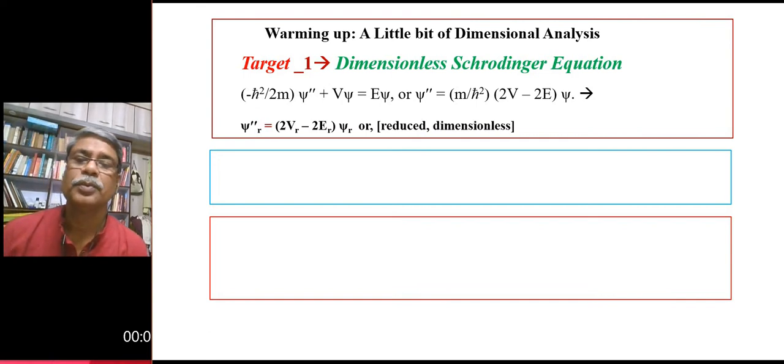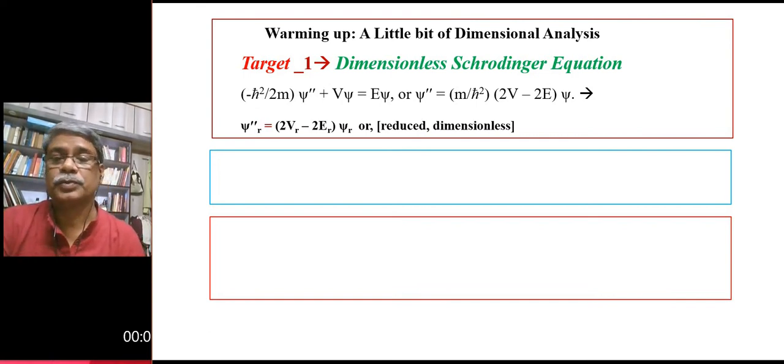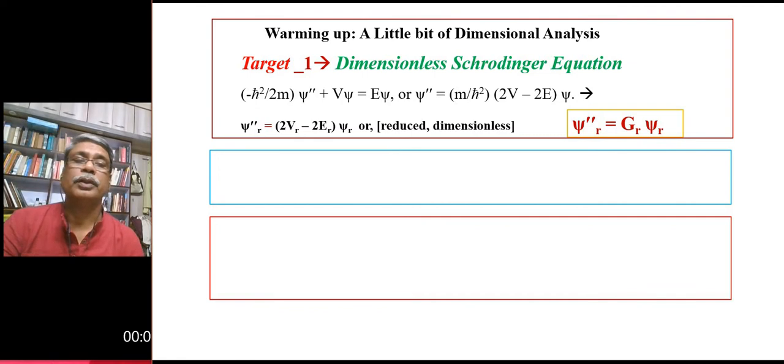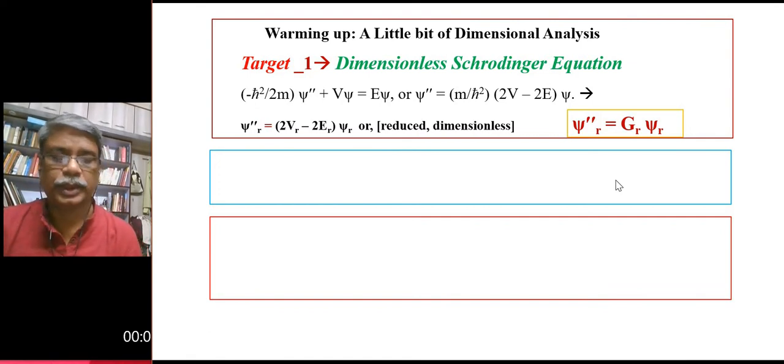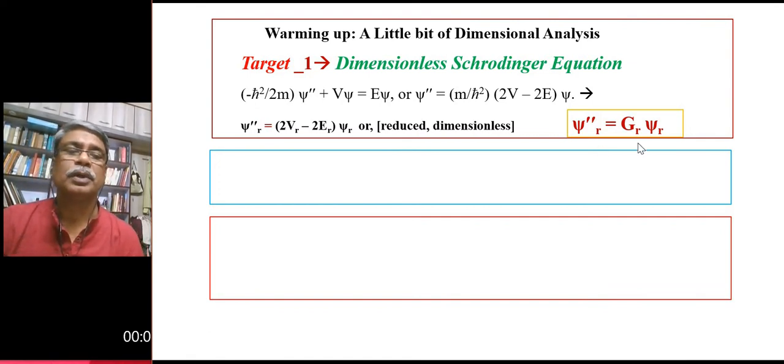We suppose that this is the reduced variable or dimensionless Schrodinger equation. In short, if you call 2VR minus 2ER as GR, then the dimensionless Schrodinger equation looks like this, where the suffixes R stand for reduced variables or dimensionless variables.